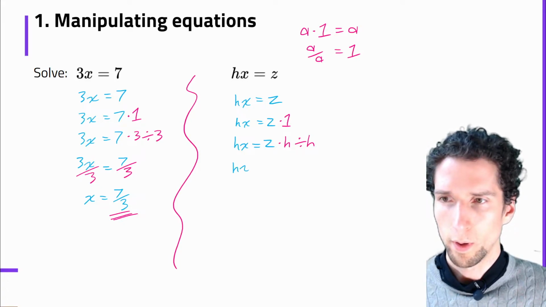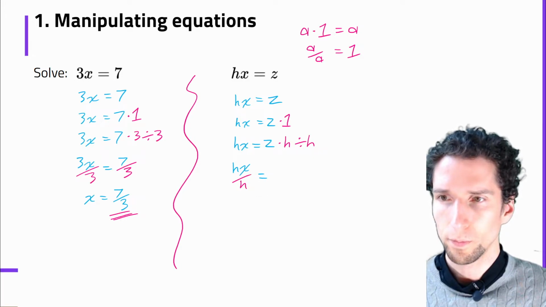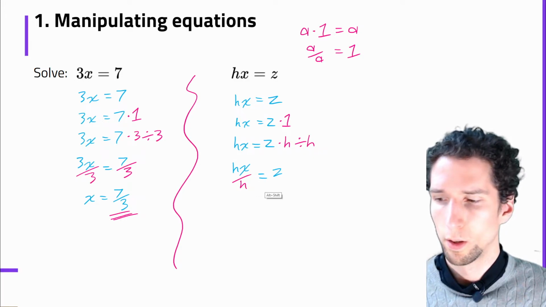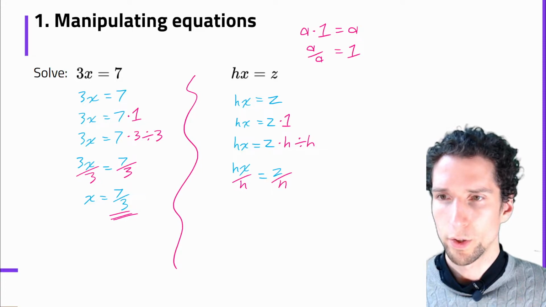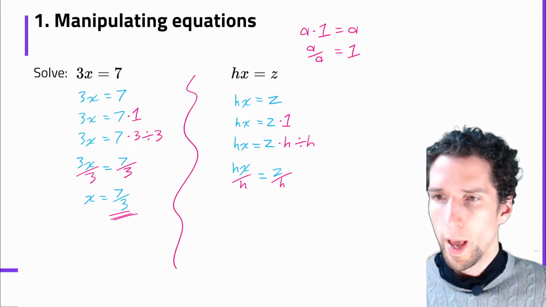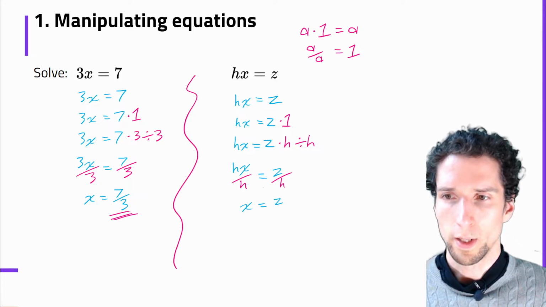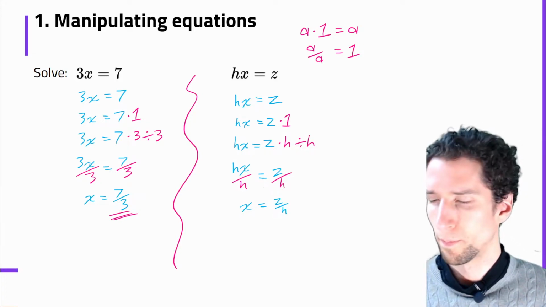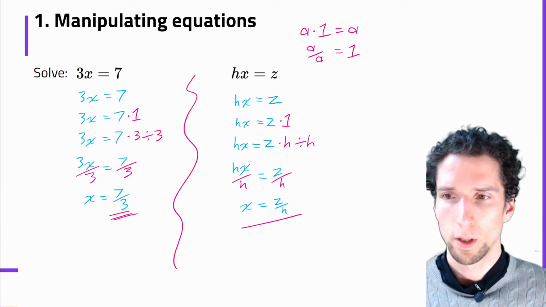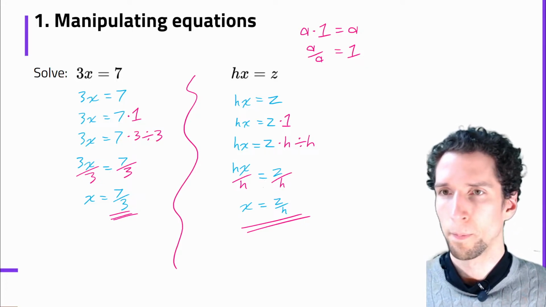So instead we write hx over h is equal to z over h, and then simplify: on the left is x, and on the right z over h. So we've done it. We have solved for x in terms of these two other variables.